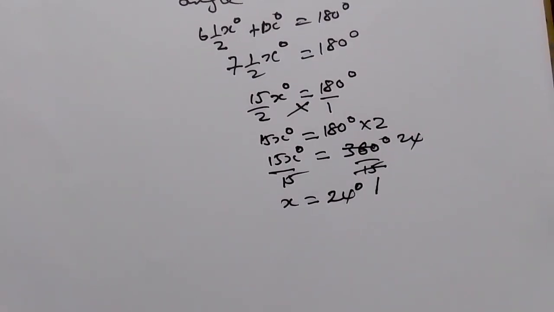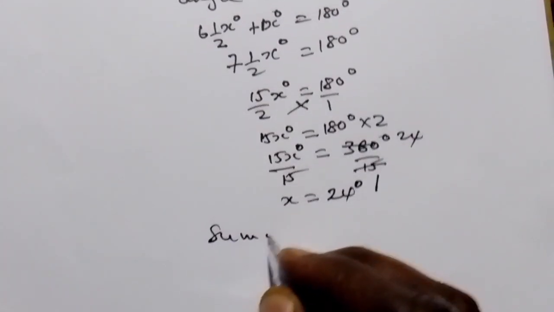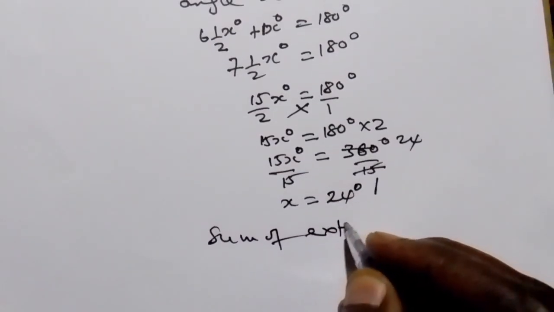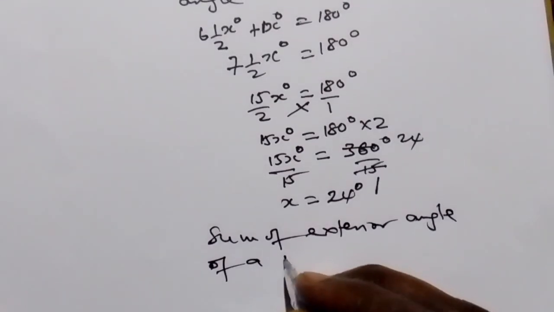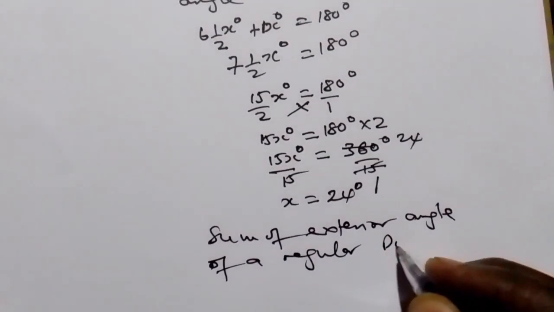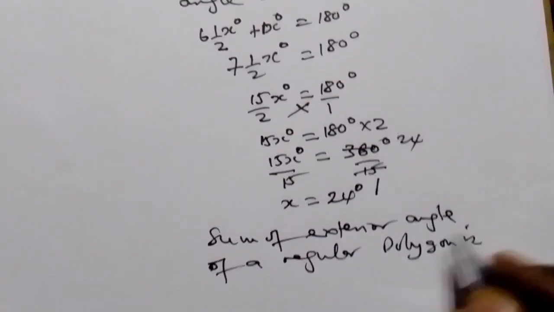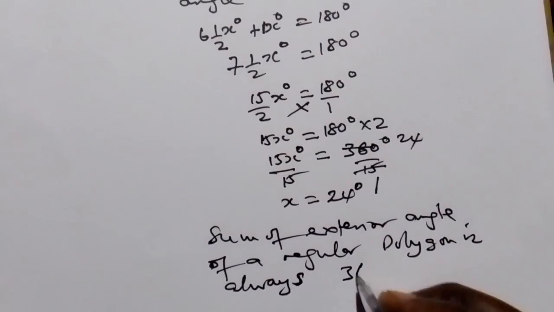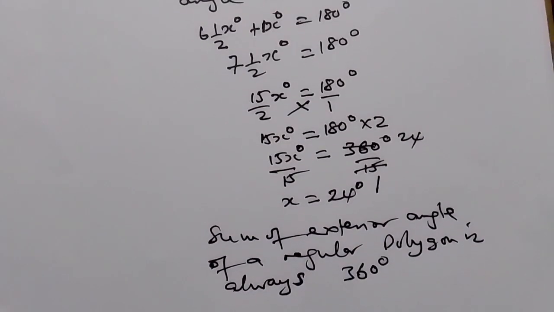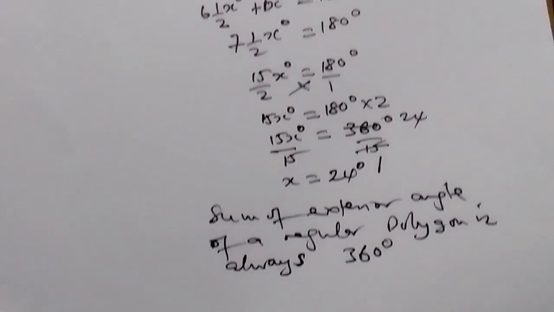The sum of the exterior angles of a regular polygon is always 360 degrees.